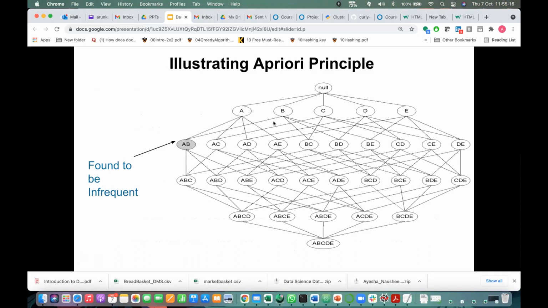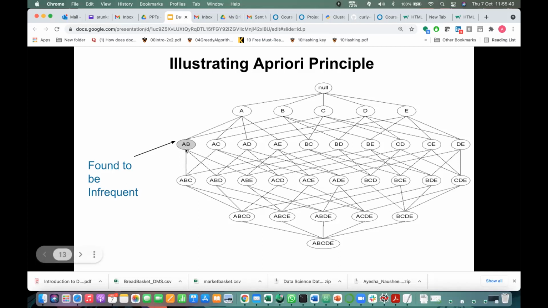Illustrating the Apriori principle: suppose AB is found to be infrequent. Then you don't need to find out whether ABC is frequent, ABD is frequent, ABE is frequent. Why?